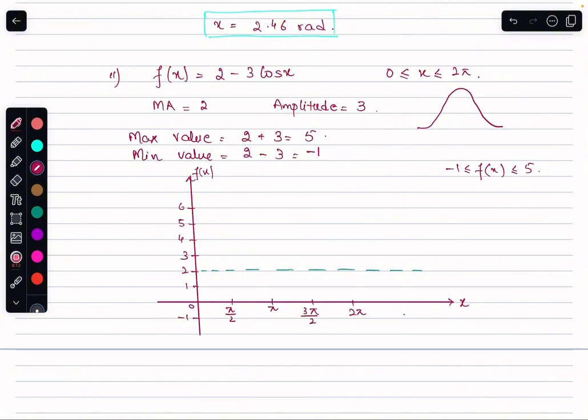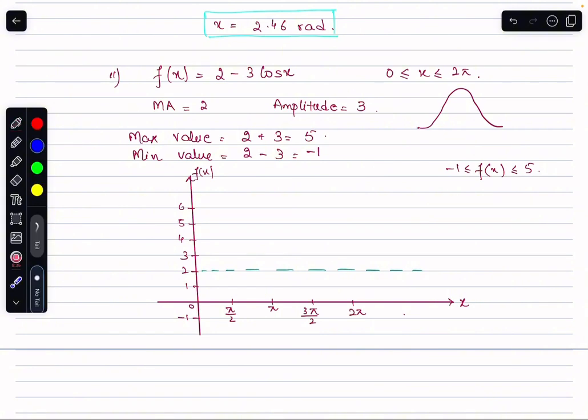So quickly, if I just sketch the graph, and to save time, again, I'm repeating, students should be knowing all the axes values here, because now in this question, I will be doing the work directly without doing all the working, just assuming that students know all the axes values for cosine x. So cos of 0 is 1.